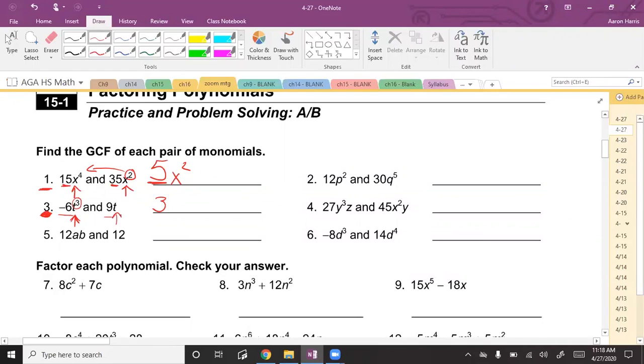How many T's are on the right side? 1. So how many T's can I pull out? You can pull out 1. I'm confused. I'm sorry. All right. If I have 3 T's on the left, I have 1 T on the right. How many pairs can you create on the right and left?